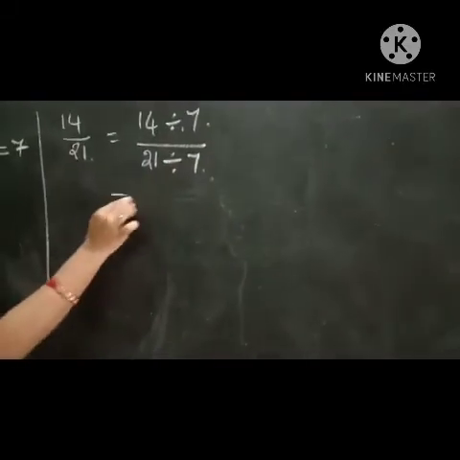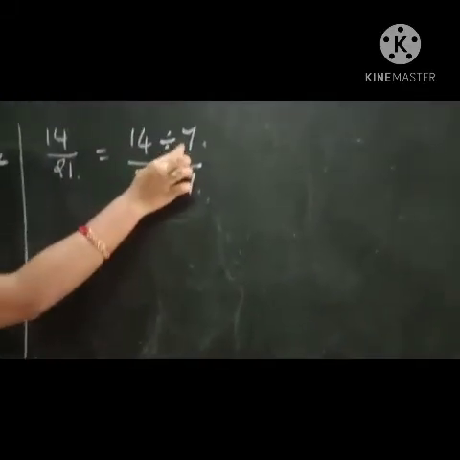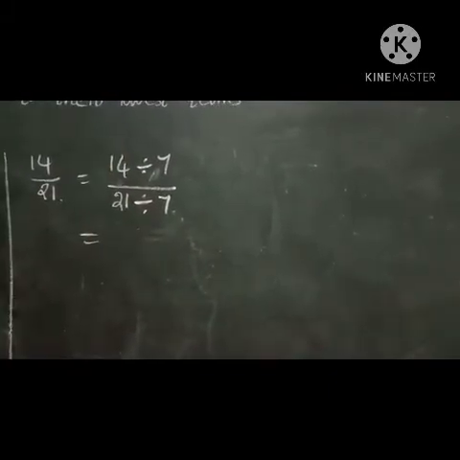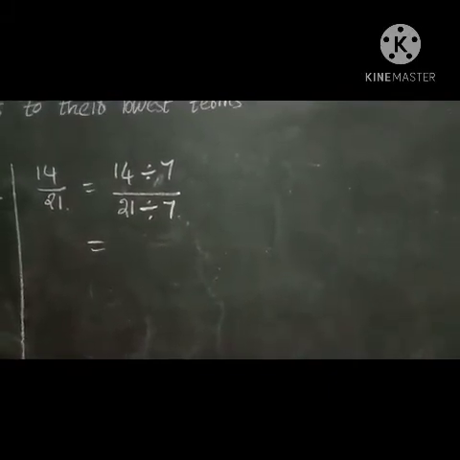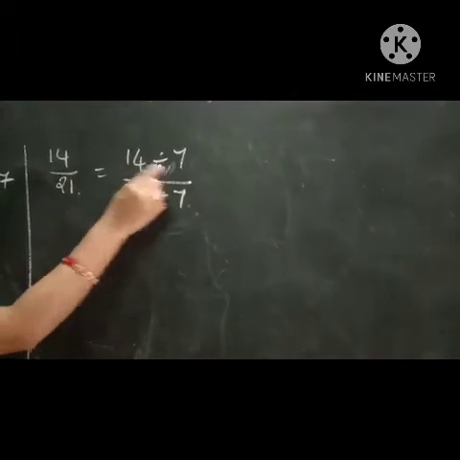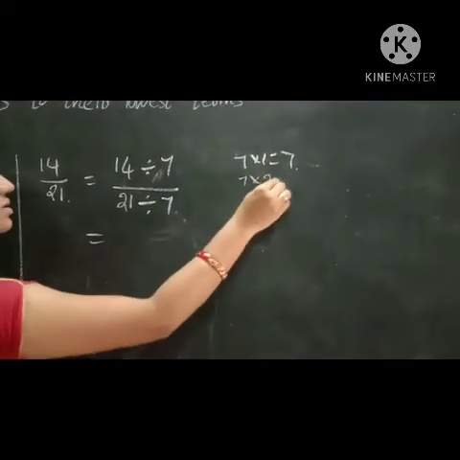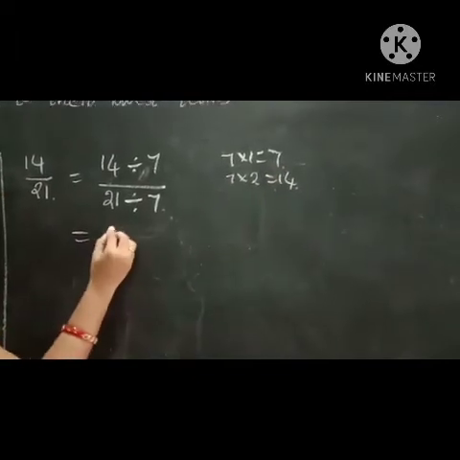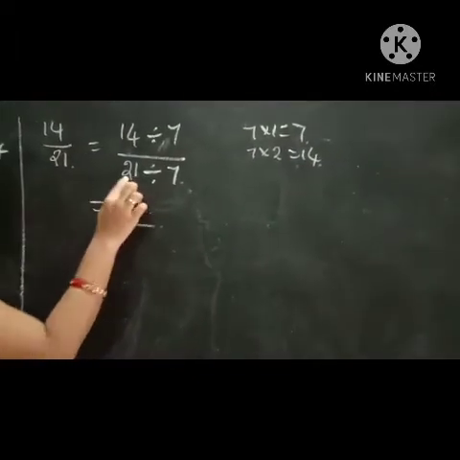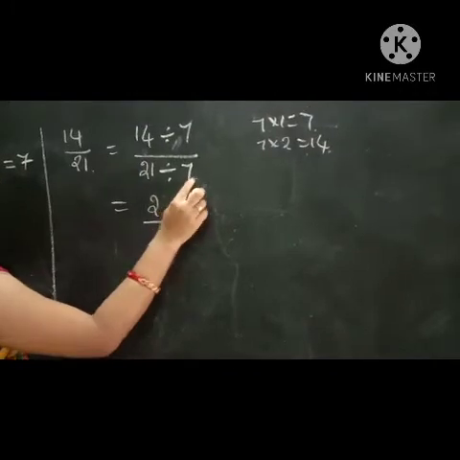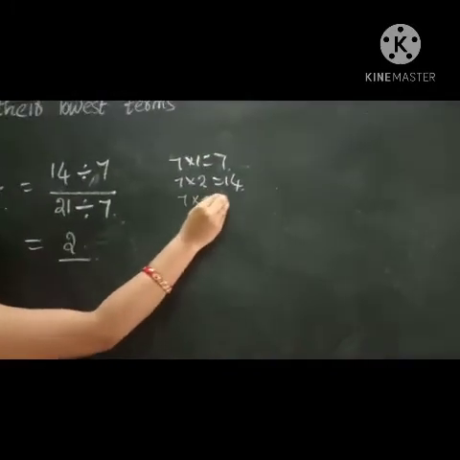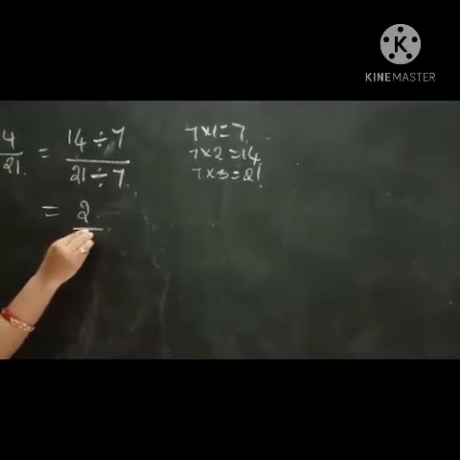Now tell me children, in 7 table is 14 there or not? How many times? 7 ones are 7. 7 twos are 14. So here we have to write the number 2. Next, is 21 there in 7 table? 7 3s are 21. So here write the number 3.